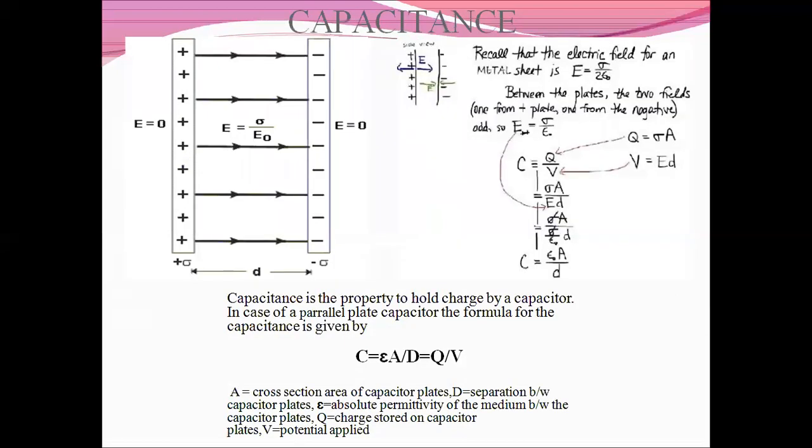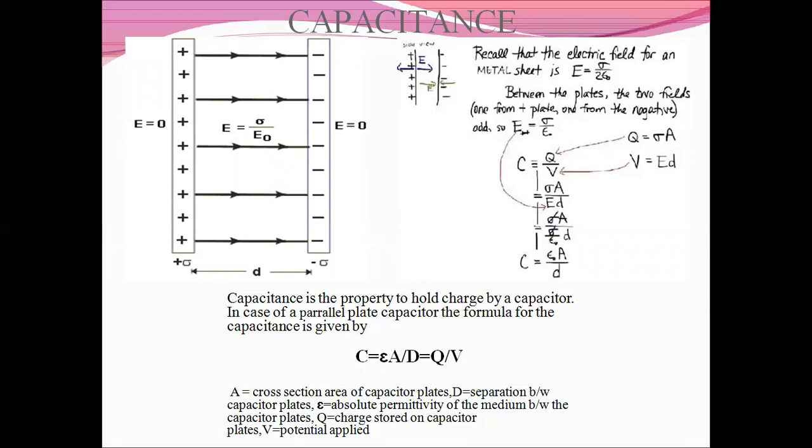Now we are going to see what capacitance is. Generally, a capacitor is a storage device. It has two parallel plates, and in between the parallel plates there is a dielectric or insulating material.